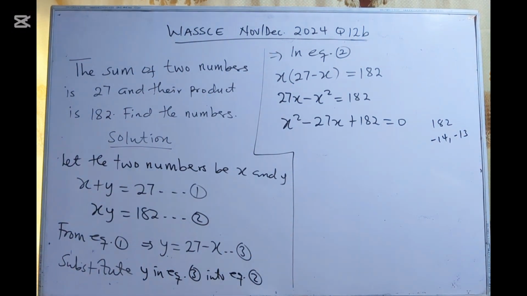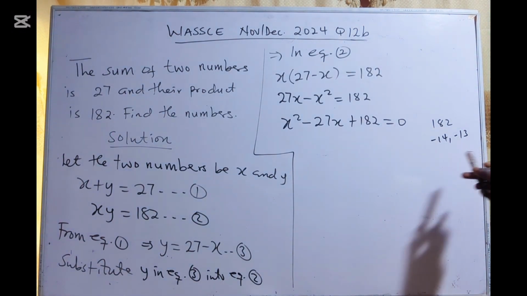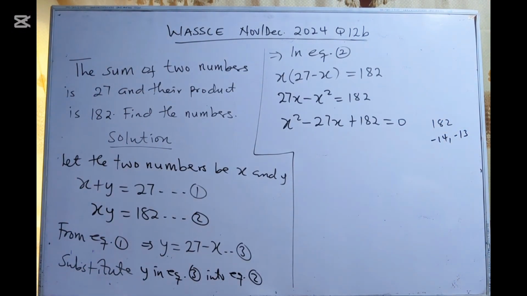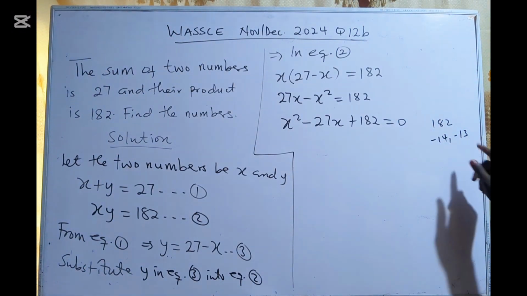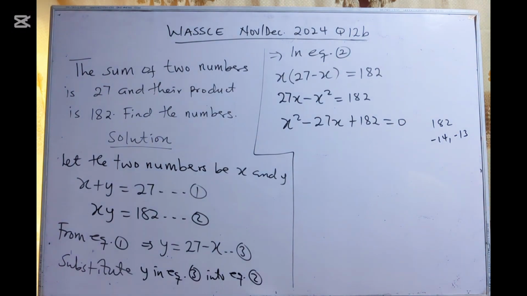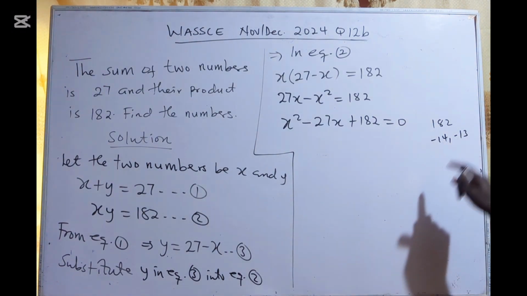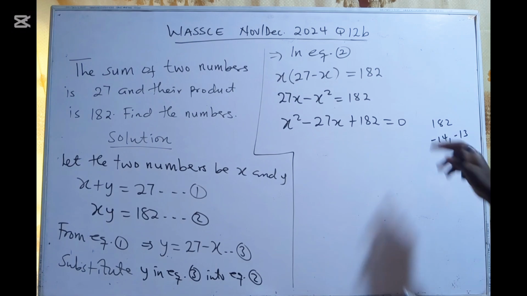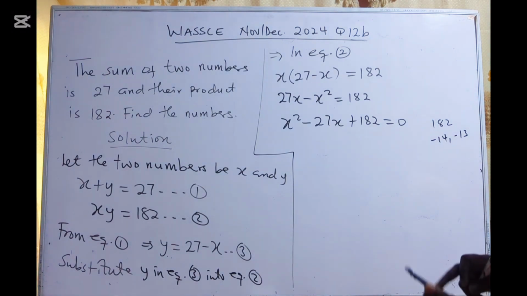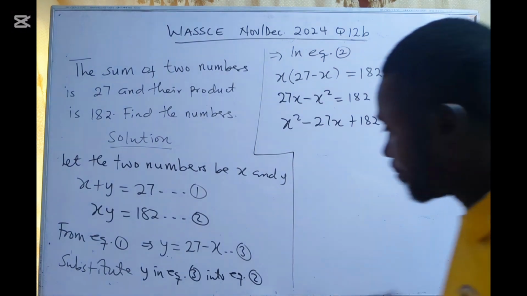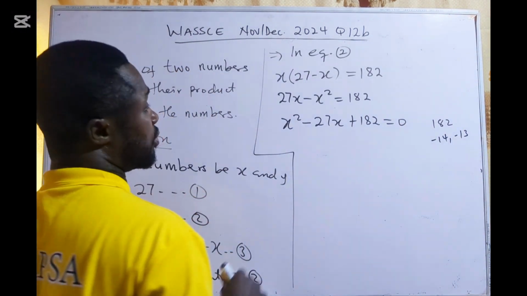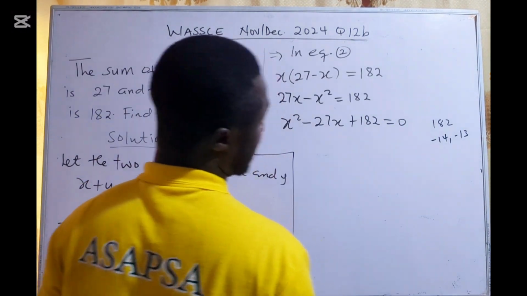You can also use your calculator and do the factorization. So the two factors are minus 14 and minus 13. Minus 14 times minus 13 gives me positive 182. And minus 14 plus minus 13 will also give me minus 27.